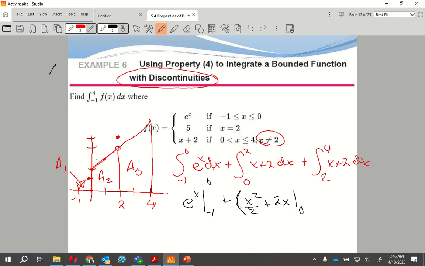And that goes from 0 to 2. Plus one, which is gonna be x squared over 2 plus 2x from 2 to 4.